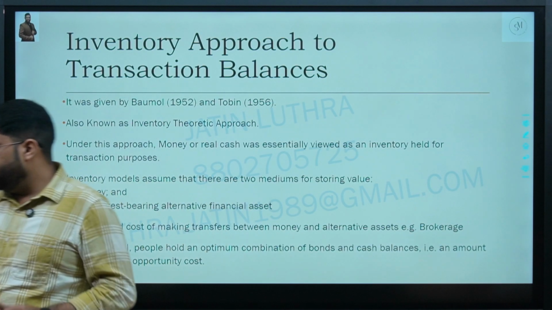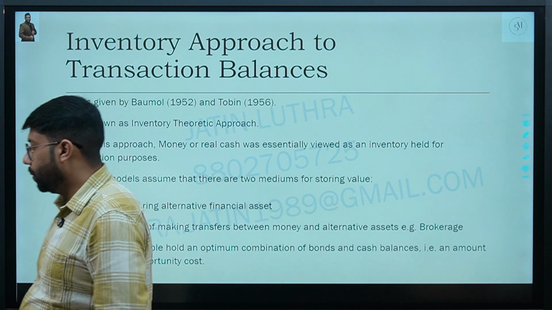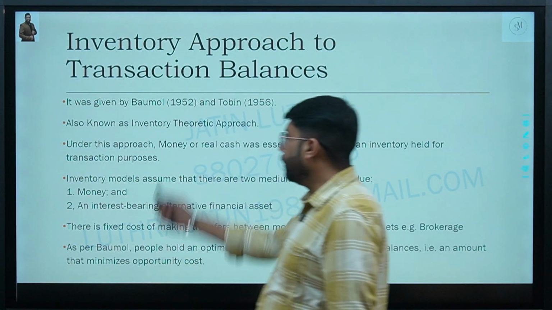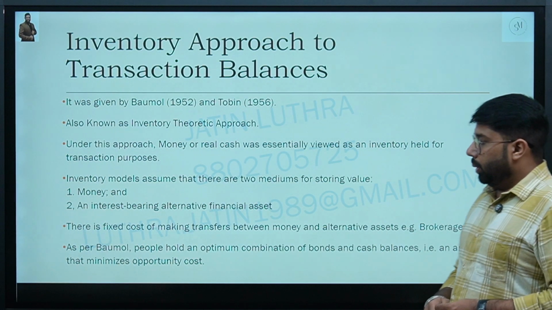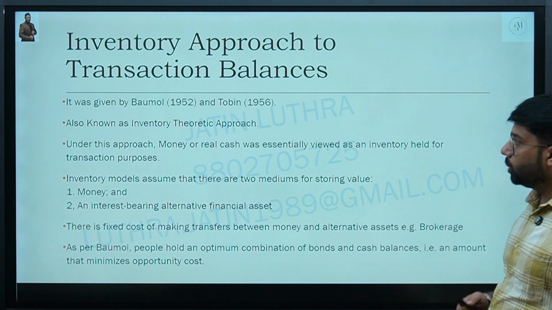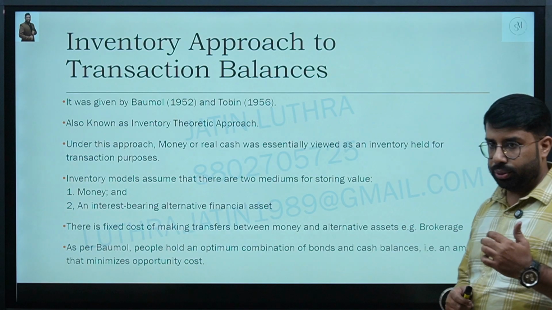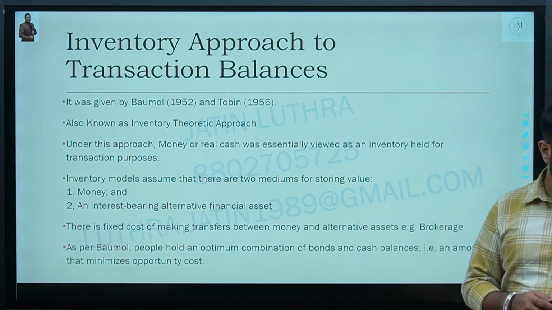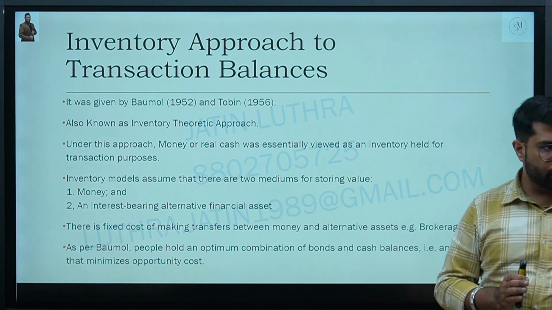The first theory we are going to study is the inventory approach of transaction balances, which was given by Baumol and Tobin. This is also known as the inventory theoretic approach. Read it once. I will show you how it works.